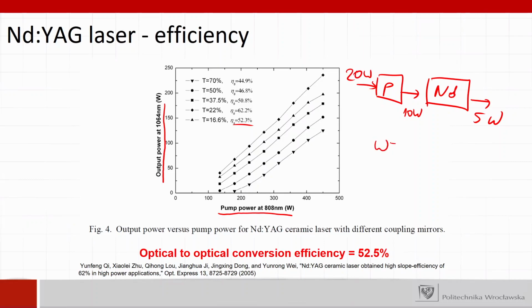So the wall plug efficiency will be a little bit less, right? So this will be about 25%. However, this is still a very high efficiency if we compare it to the efficiency of the gas laser, for example.